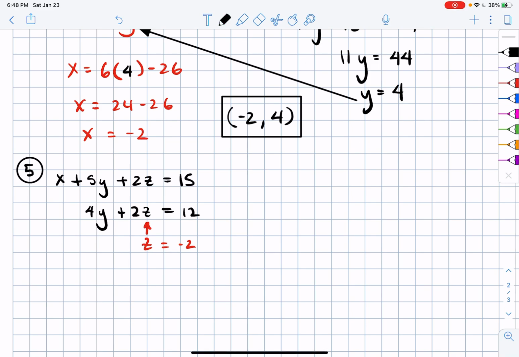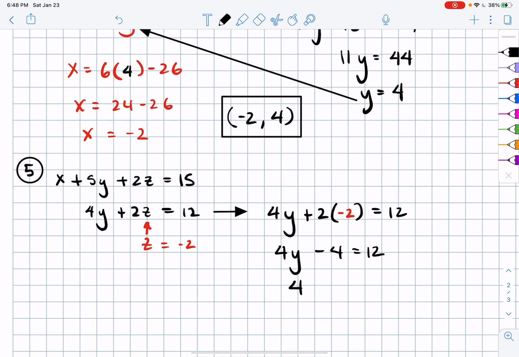So what I'm going to get now in here is that I'm going to have 4y plus 2 times negative 2 is equal to 12. So I have 4y minus 4 equals 12. 4y equals 16, so y is equal to 4.